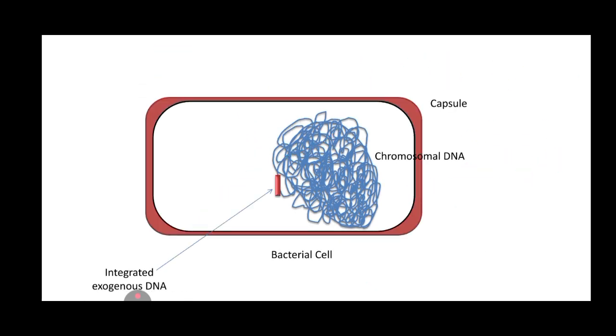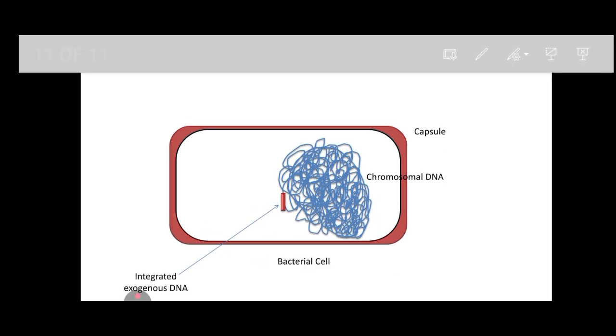The formation of a capsule. Originally, the organism lacks a capsule, but upon integration of the exogenous DNA, the recipient organism started to form a capsule around the cell wall. This is an additional feature that provides protection to the organism, and it also makes the organism resistant to phagocytosis.